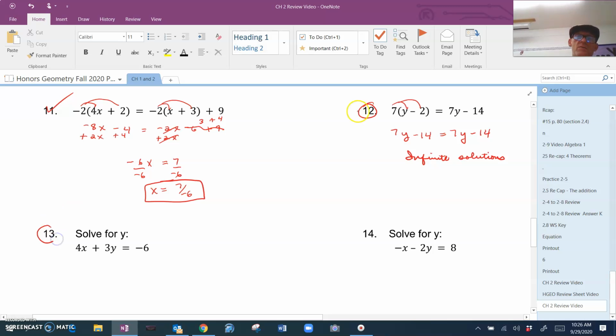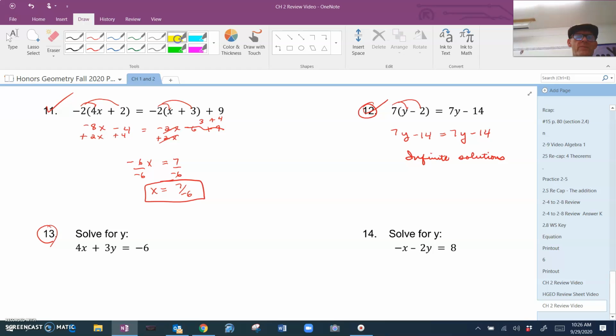Number 13, number 12 is done. Number 13, we have to solve for y. So that's that y right there. So we're going to get rid of this x term first, and then we're going to divide by that 3 next.